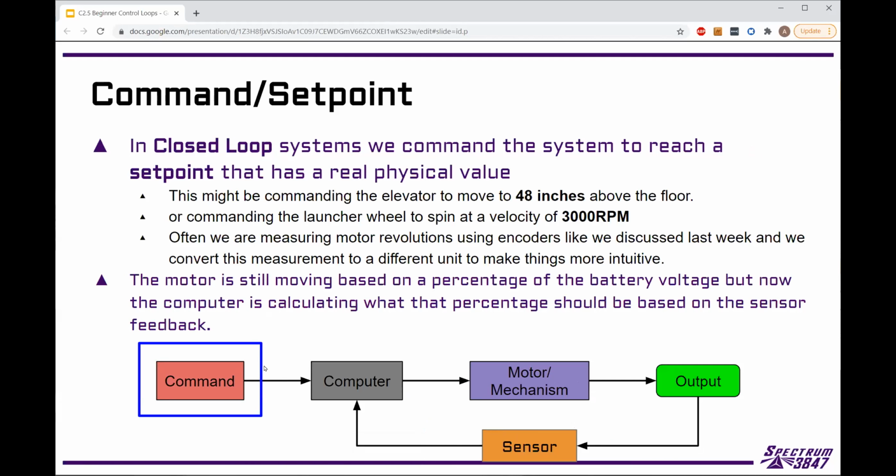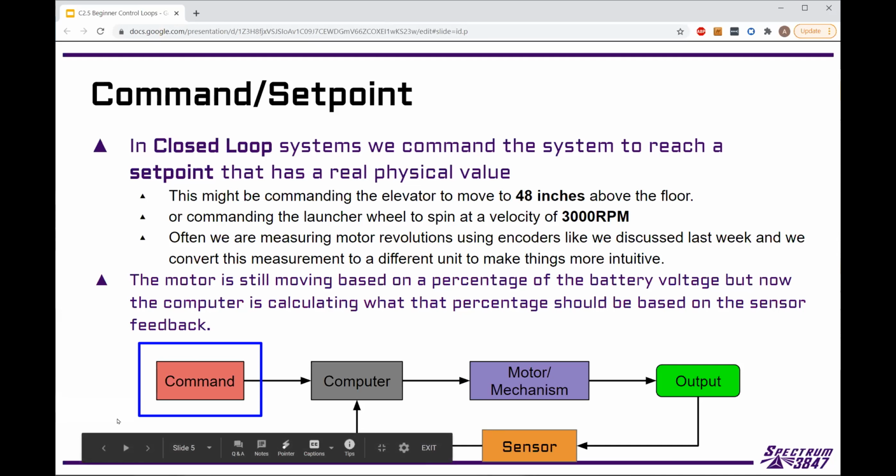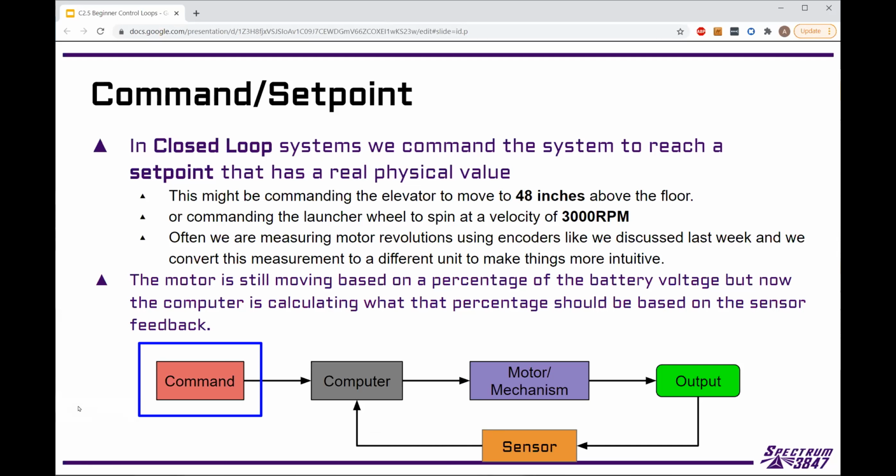So instead of just telling it some voltage percentage like we did in open loop, our commands are a little bit more complicated. In closed loop, we command the system to reach a set point or a command. Those terms get swapped around pretty interchangeably. So this might be commanding the elevator to move to 48 inches from the ground.